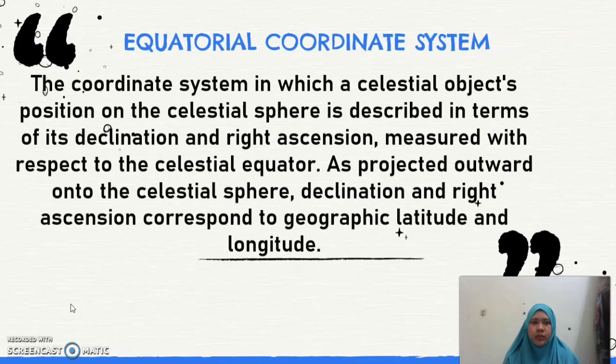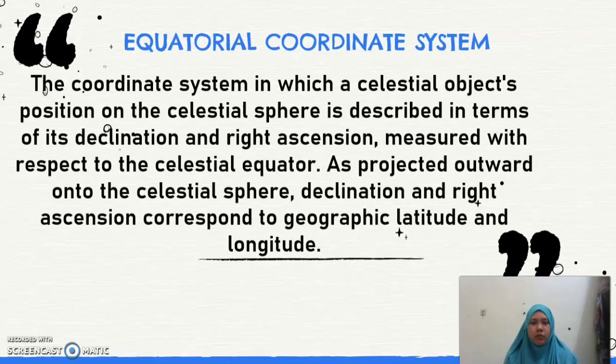So the equatorial coordinate system, what is it? It is a coordinate system in which a certain object's position on the celestial sphere is described in terms of the declination and the right ascension, measured with respect to the selected equator.